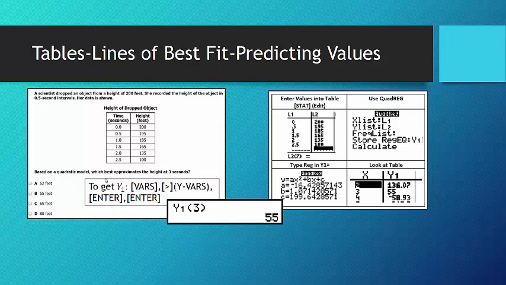Once you have the equation in y1, you can follow these steps: vars, right arrow to y vars, press enter 2 times, and then put in parentheses the value that you want. For instance, here we want 3, and then it will give us back 55, so our answer is B.